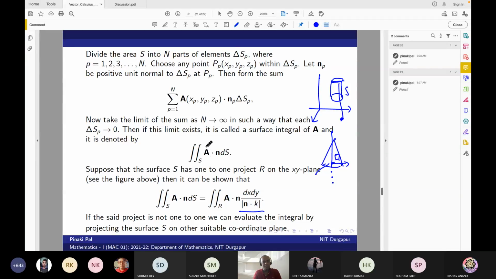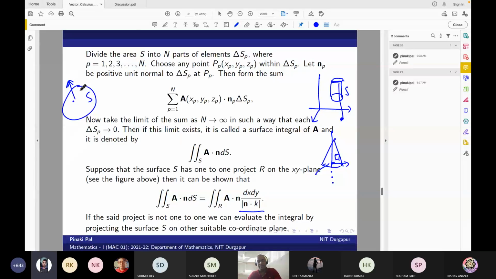For example, if this A is equal to the velocity field in a fluid system, then what does this represent? Do you have any idea? If A is a, say, vector velocity field, and S is something like this, and you are considering the normal in this direction, let us suppose.